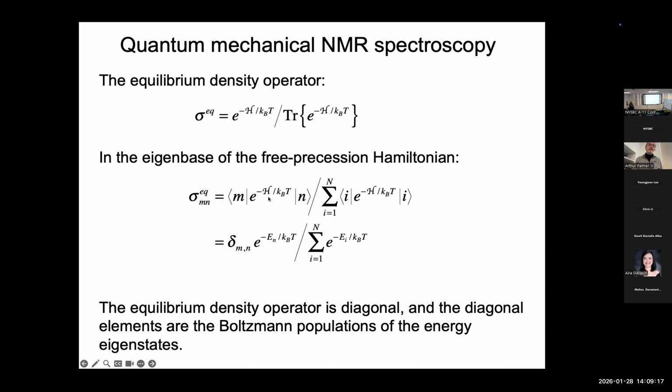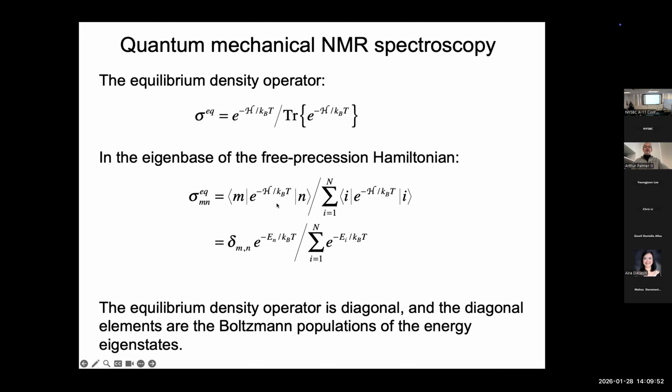So if we work with alpha and beta, or more generally, whatever the spin states are, or an arbitrary spin that might have more than two states, then in the eigenbasis, each element of the equilibrium density operator is given by this expression.